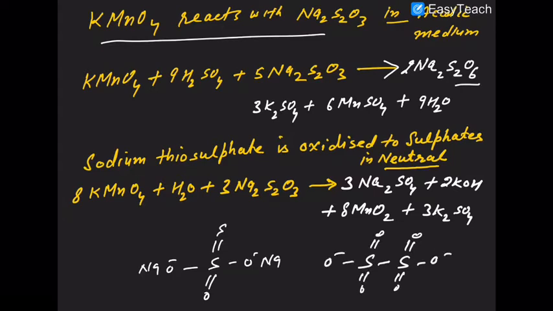That is dithionate, in acidic medium. While in neutral medium, it transforms into sulfate. So remember that in acidic medium it will transform into dithionate, but in the case of neutral medium, it will transform into sulfate ion. Are you sure about that? Clear?